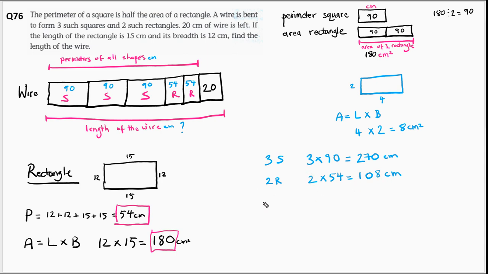So the total length, I should say, is going to be 270 plus 108 plus the 20 that we have, that 20 centimeters that was left over.